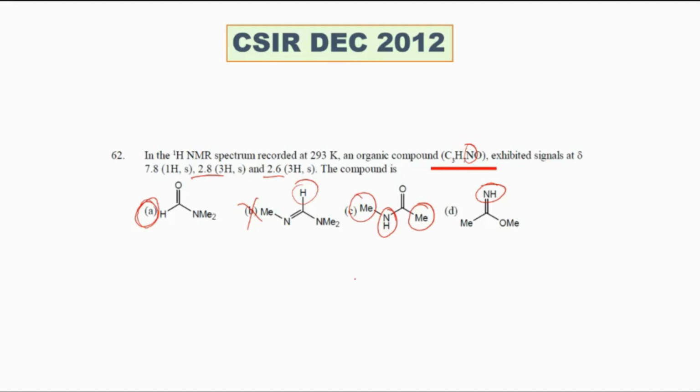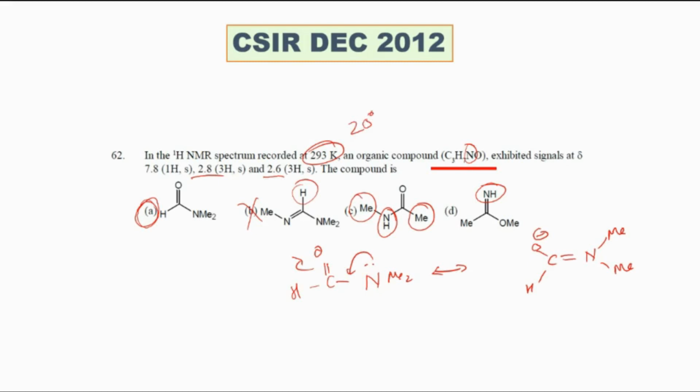Now you can see that in N,N-dimethyl formamide, you have this lone pair of electrons delocalizing. Since they delocalize, you get a resonance structure whereby you have double bond N. This 293 Kelvin, how many degrees? 20 degrees.